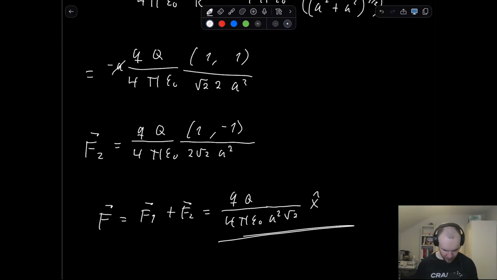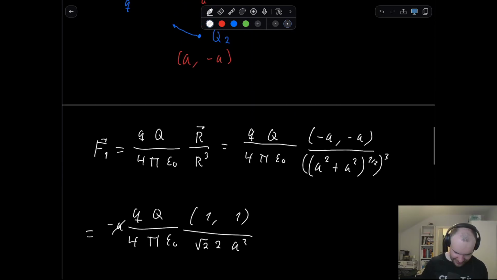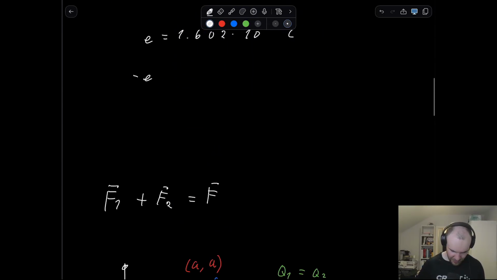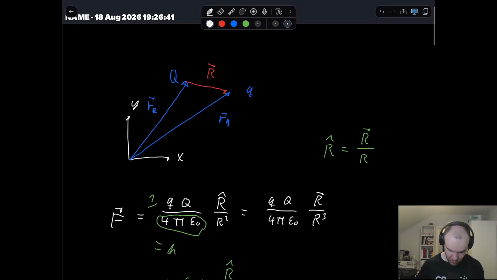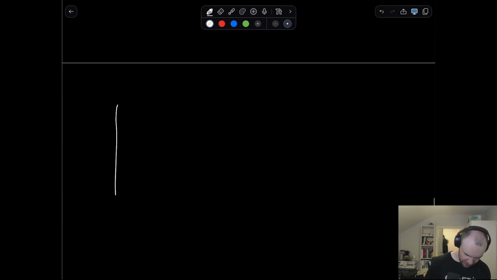Yeah, now we have finished the Coulomb force. Now we can go to the electric field. That is pretty simple. So, what if instead of this case that we had here with just one charge, let's say that we had a lot of charges. Something like this. Oh, that was a stupid coordinate system.